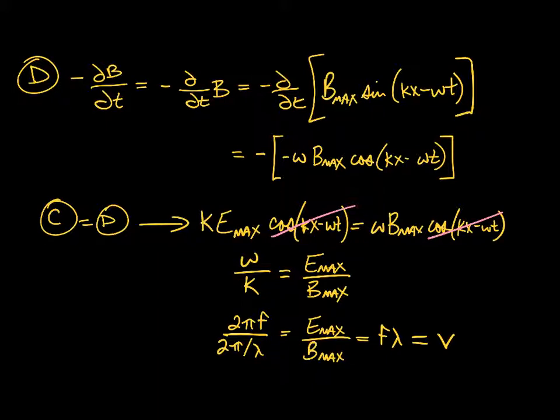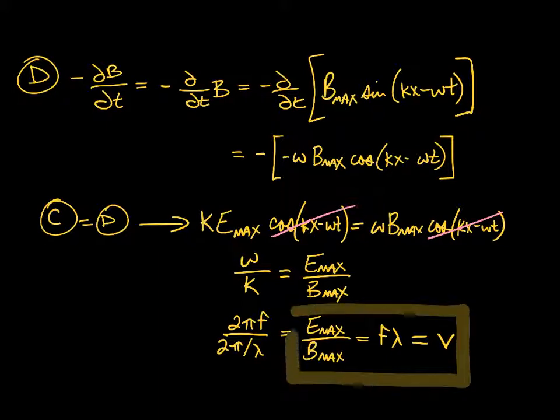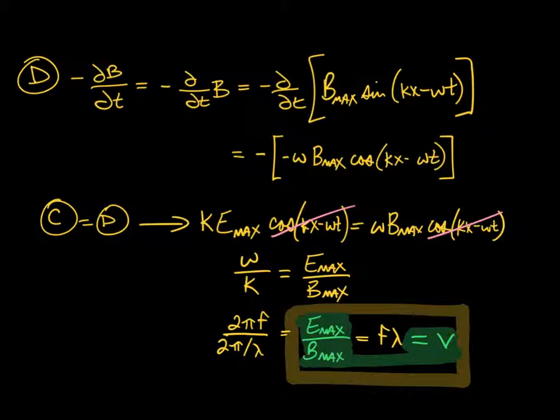So let's pause for a second here and consider the fact that we have now found that the speed of this wave is simply the ratio of the field strengths of the two planar waves comprising the transverse wave. This does not alone prove that the wave is moving at a constant speed.